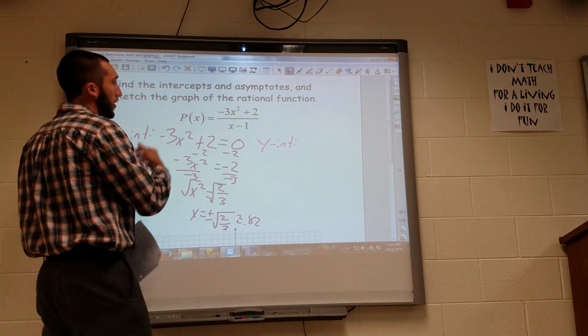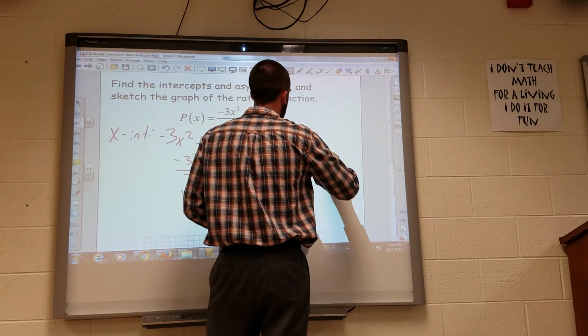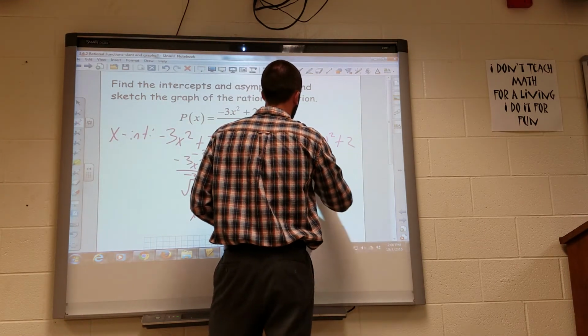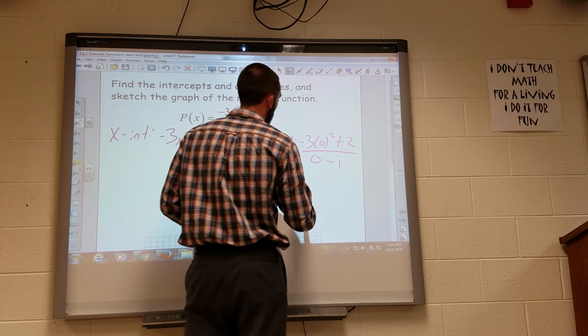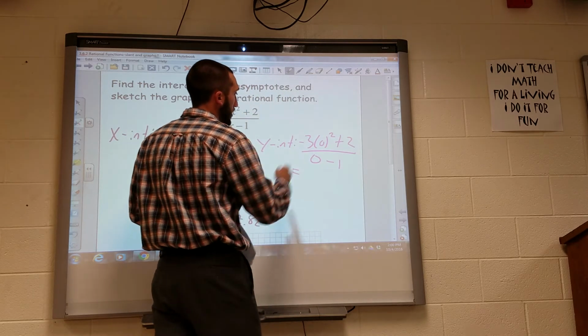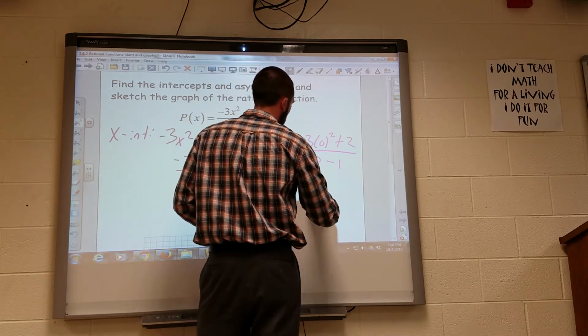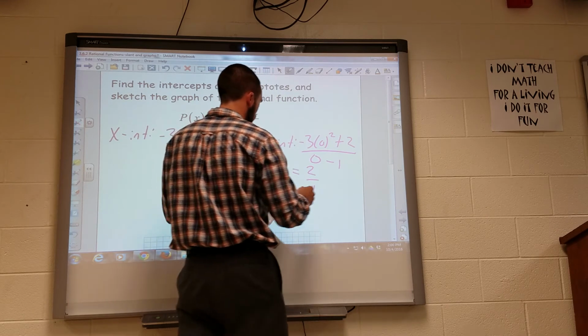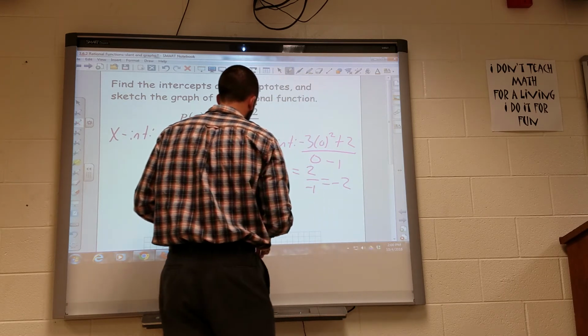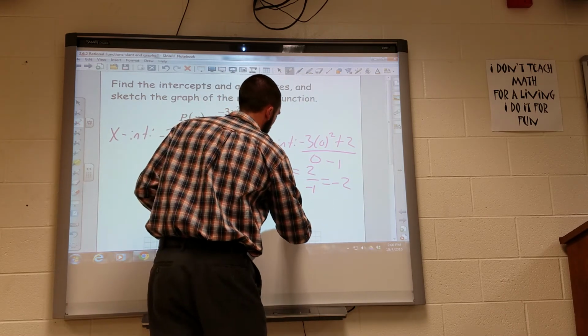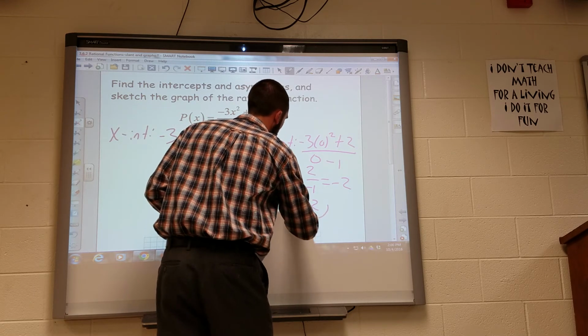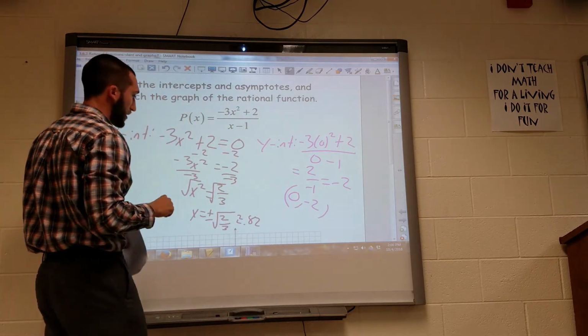Okay, then we get our y-intercepts. Y-intercepts is what happens when we plug a 0 in. So negative 3 times 0 squared plus 2, over 0 minus 1. That gives me 0 plus 2, so 2, over negative 1 means our y-intercept is negative 2, or the point 0, negative 2. And I want to make sure I did the x-intercepts correctly.